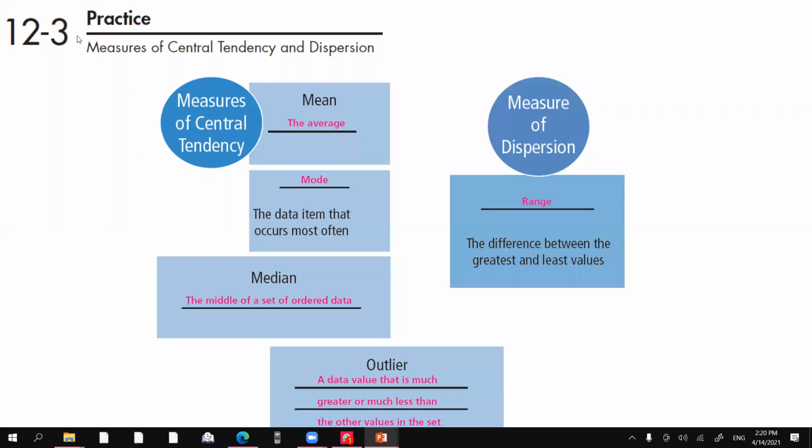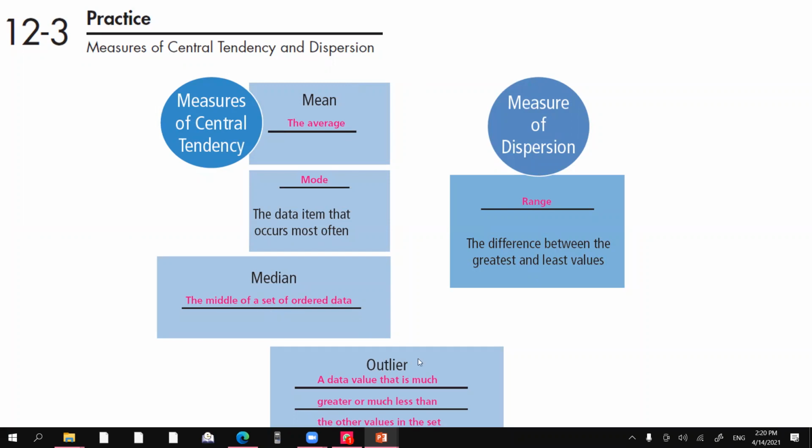Now the measures in lesson 3: we learn about the measures of central tendency and dispersion. We say that we have 2 types of measures, measure of dispersion and measure of central tendency. The measures of central tendency are the mean, mode, median, and the outlier. The mean is the average. The mode is the data that occurs most often.